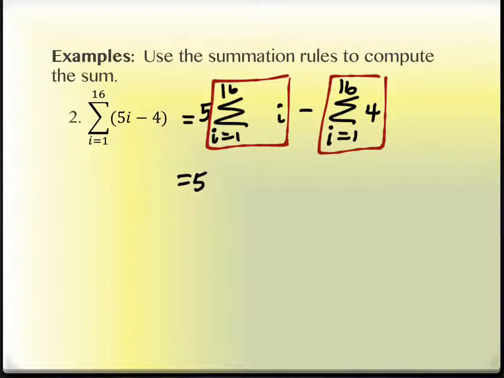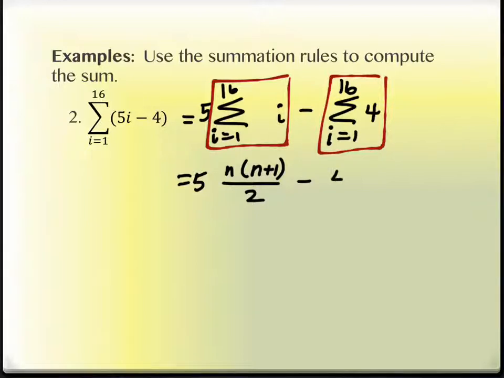So the summation from I equal 1 to n would be n times n plus 1 over 2. For now, I'm just going to write those in as n and n plus 1. And then on the second one, this actually is property 1, right? It's a constant.